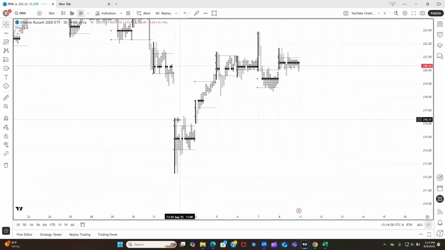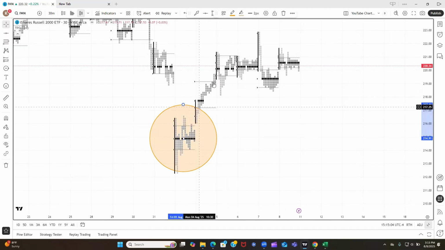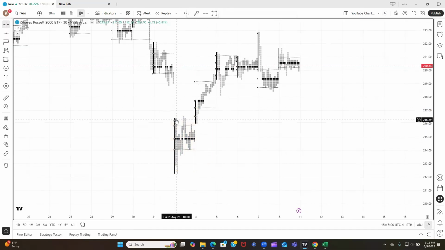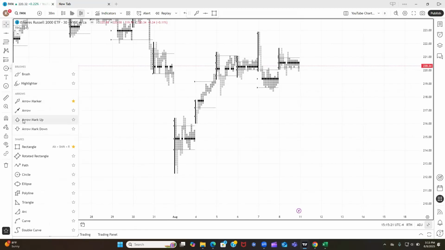So if we're looking at this profile here, which is Friday, August the 1st, there's a bunch of swings in here, right? There's a swing low, there's a swing low, and a swing low here, but also a swing high, right? So just to point that out, let's see if I can grab the right marker.